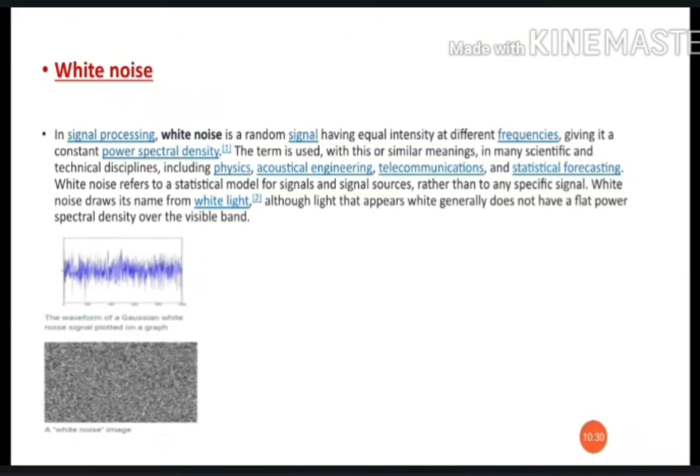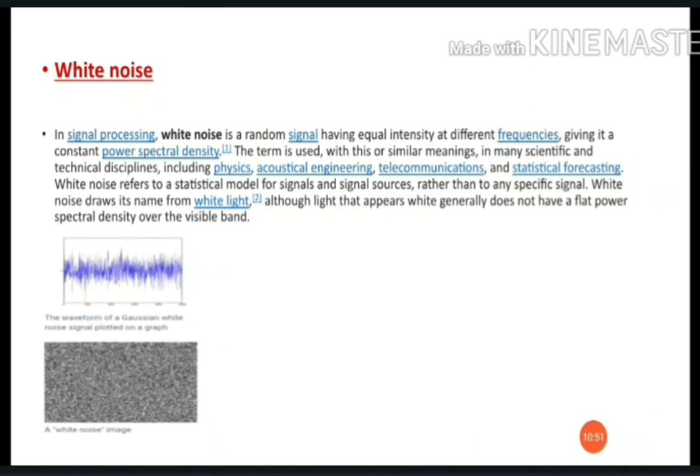Let's talk about the white noise. We are familiar with the white noise. According to the definition, in signal processing, white noise is a random signal having equal intensity at different frequencies, giving it a constant power spectral density.